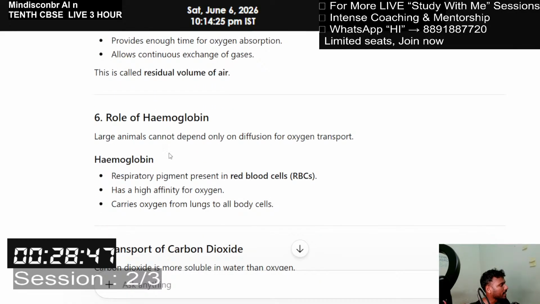Role of hemoglobin. Large animals cannot depend only on diffusion for oxygen transport. Hemoglobin, a respiratory pigment present in RBCs, has a high affinity for oxygen and carries oxygen from the lungs to all body cells. Hemoglobin combines with oxygen and forms a complex, and carries the oxygen from the lungs to all body cells.